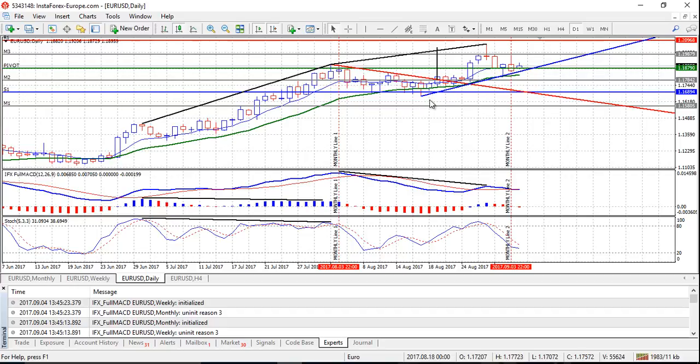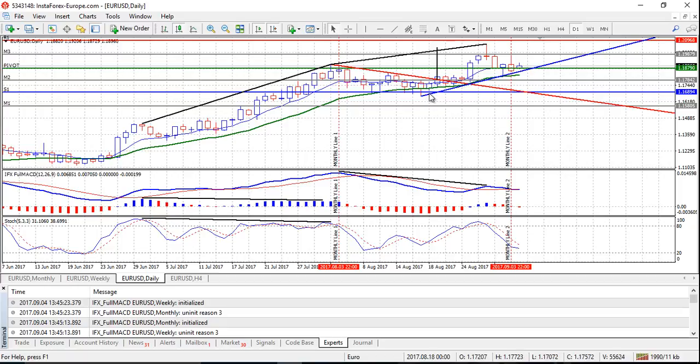But you can see that in this uptrend, these candlesticks are still abiding. They still hug this blue Tom DeMark resistance trend line. You can see they are still obeying it.